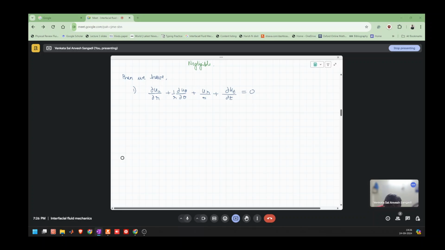Then the second equation: del u r by del t is equal to minus 1 by rho del p by del r.